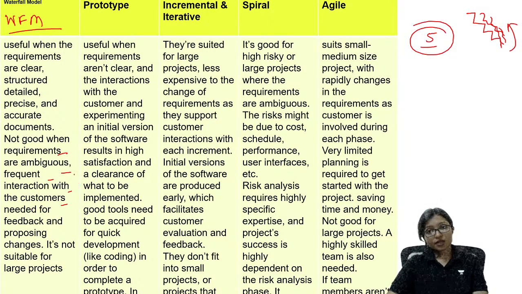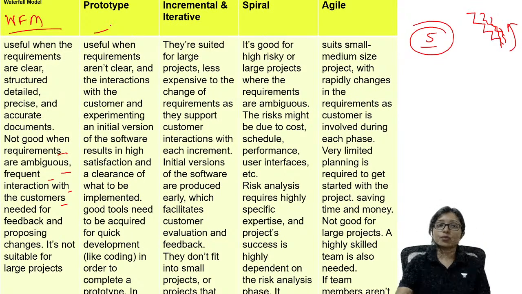Prototype model: we use the prototype model when the customer is not able to explain the requirement, when the customer is not sure what type of product I want to build. Then we have to show some dummy to the customer so that the customer can understand, okay, this is the thing I want to do.